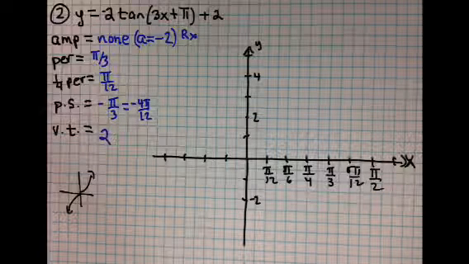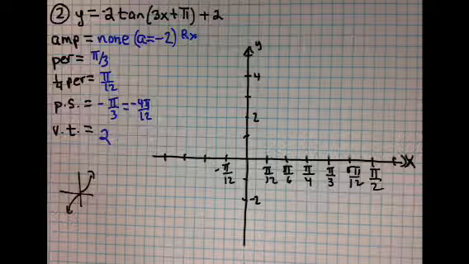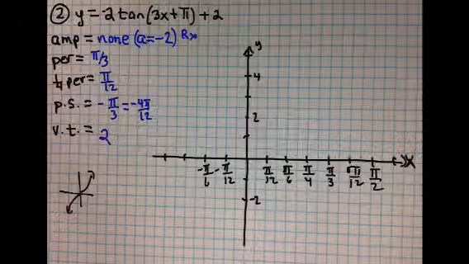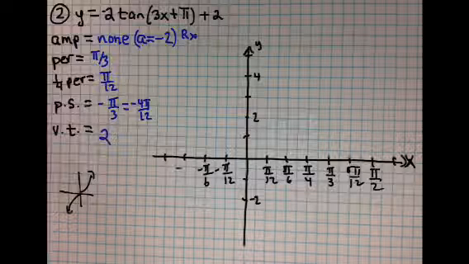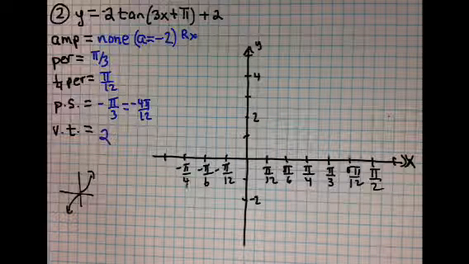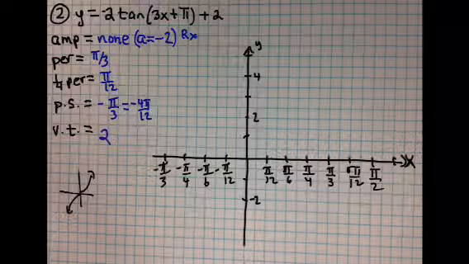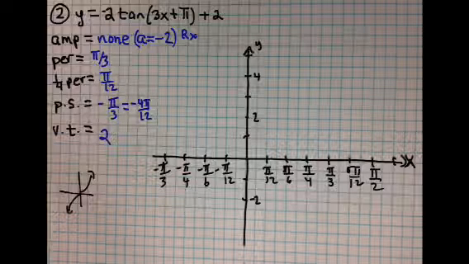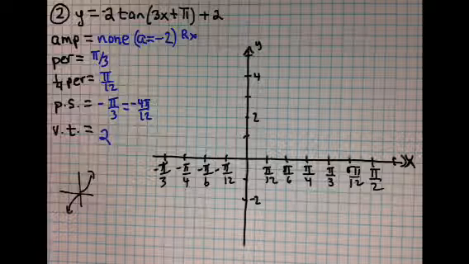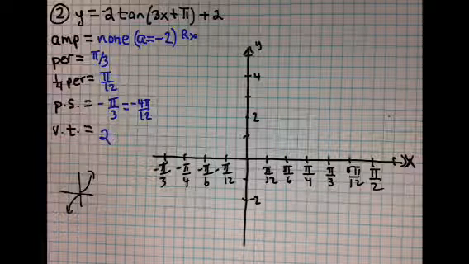So same thing on the left side, but with negative numbers. Negative pi over 12. Negative pi over 6. Negative pi over 4. And negative pi over 3. Okay, so the phase shift is 4 tick marks to the left. For tangent, remember the 0 is right here in the middle.